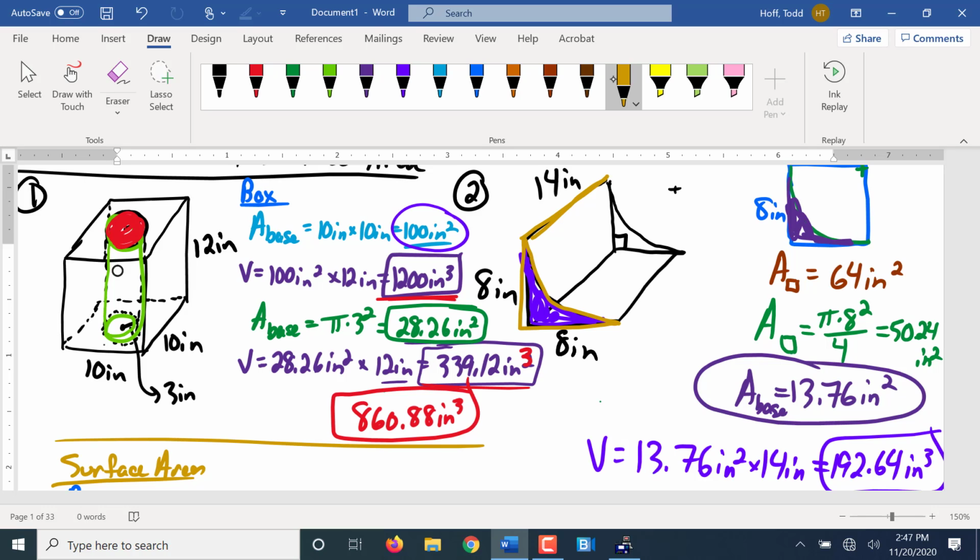Now remember, if we take this and we unfold it, we're taking the lateral surfaces, this rectangle, and then this curve, and we're unfolding it into one big rectangle. The length of the rectangle is the perimeter of our base here that we just found. The height of the rectangle is 14.